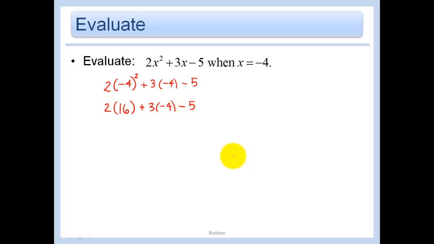And then we'll just do the multiplication from left to right. So 2 times 16 is 32. Then 3 times -4 is -12. So 32 minus 12 minus 5. And we get, let's see, 20 minus 5 is 15.